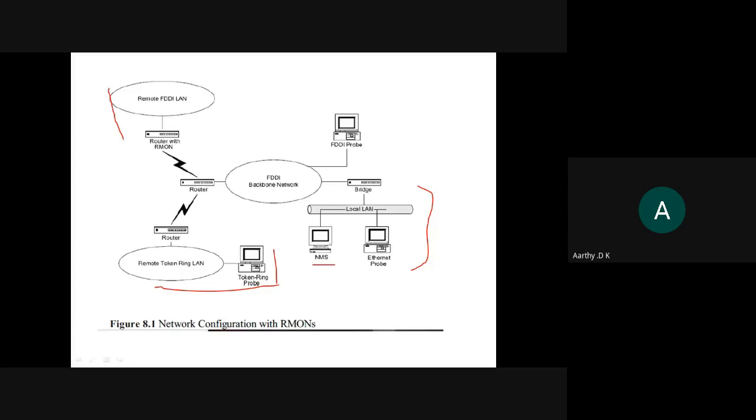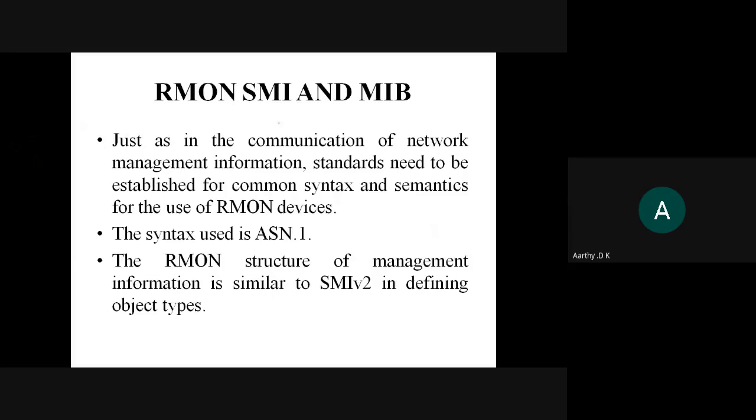So next is just a simple SMI and MIB. So how SMI and MIB is done in remote monitoring, that we will be looking at in the second, that is the next class, just an introduction. So this network monitoring system also has to be handled like how we have ASN for the SNMP.